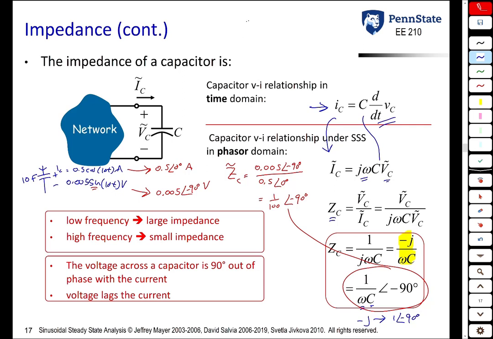Let's plot this. So the current will make a cosine of a certain frequency. Now in this case, if the current is a cosine, the voltage is going to be a sine. So the voltage might look something like this.